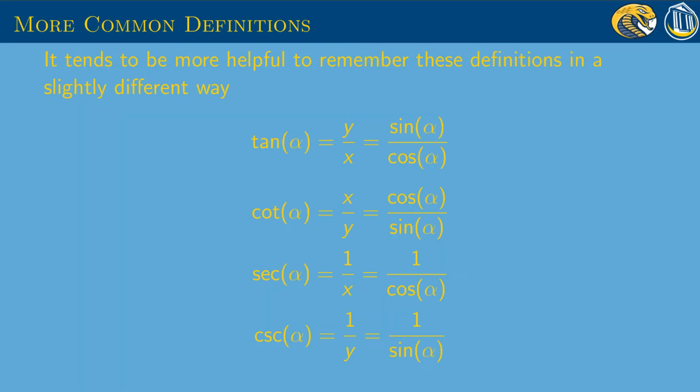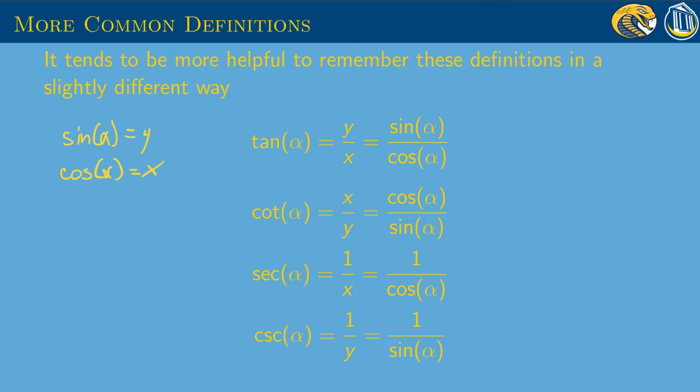We can also define these trig functions in terms of other trig functions based on the definitions on our last slide. Remember, sine of alpha equals y, and cosine of alpha equals x. Therefore, our definition of tangent, being equal to y over x, is the same thing as sine over cosine.